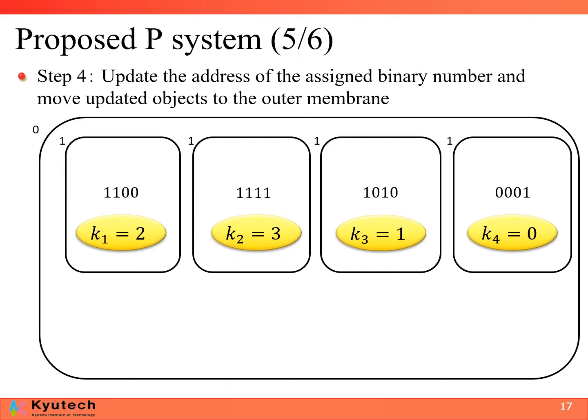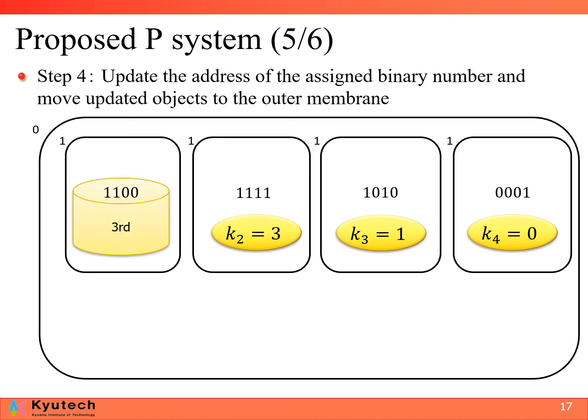In step 4, the address of each assigned binary number is updated to ki + 1, and the updated objects are moved to the outer membrane. For example, in the leftmost inner membrane, the number of binary numbers less than x1 is 2, and the address of x1 is updated to 3.